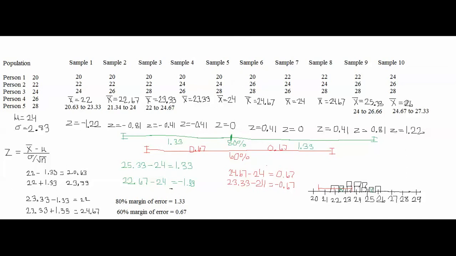Same thing happens if I use 26. When I add and subtract the margin of error, it only goes down to 24.67, meaning it doesn't reach the population mean of 24. It comes short. So if I use one of the samples that are outside of the middle 80%, the margin of error won't reach the population mean.